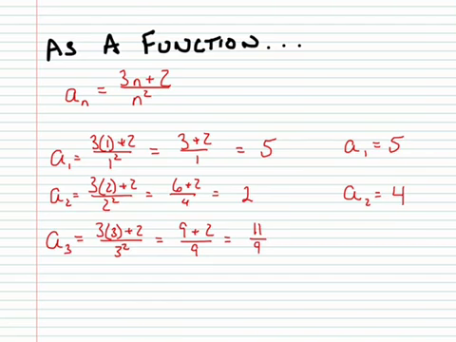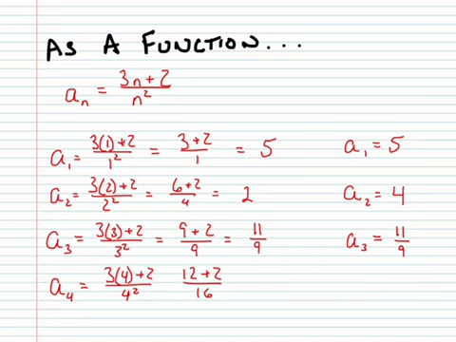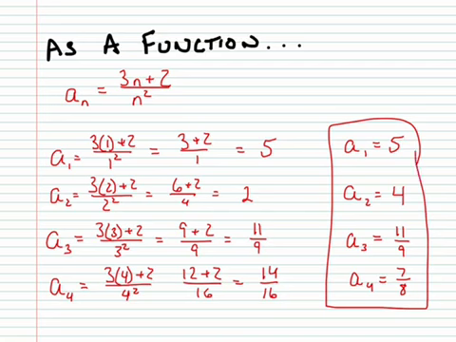And you'll see that the change in each term is being affected by both what's happening in the numerator with the multiplication and also what's happening in the denominator with the squared number term. And these are the terms that we have so far.